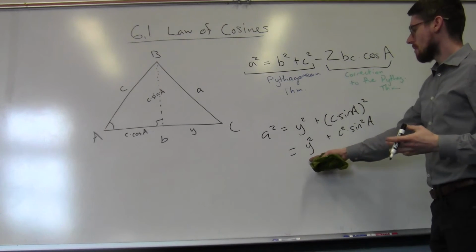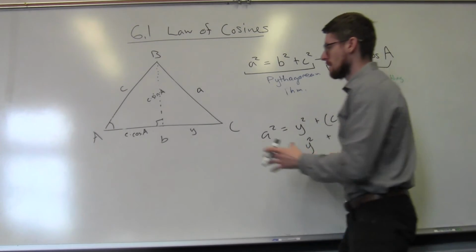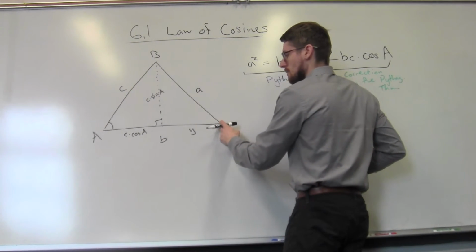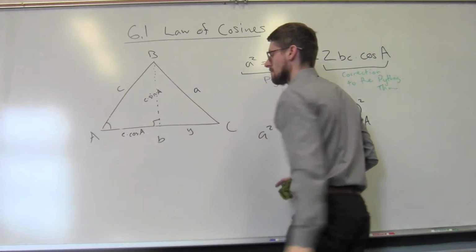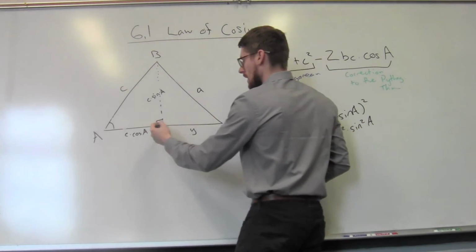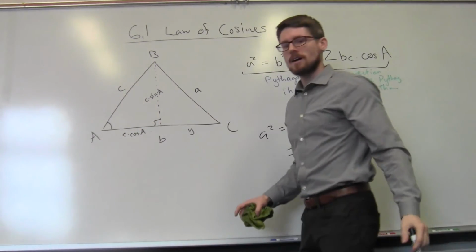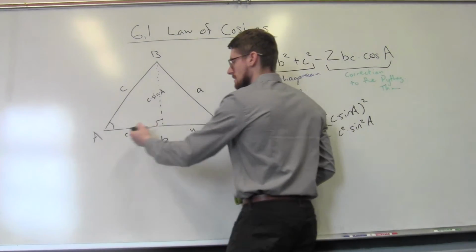So I'm going to replace y, which is this length, with something that involves b and this side. So I can see that y and C cosine A, if I add them together, is going to give me this entire side.